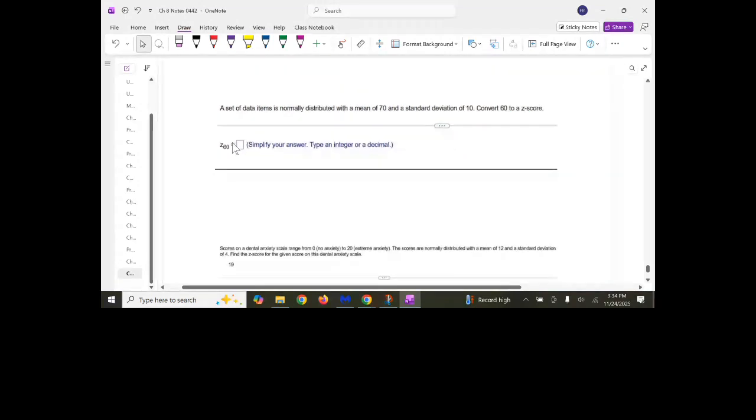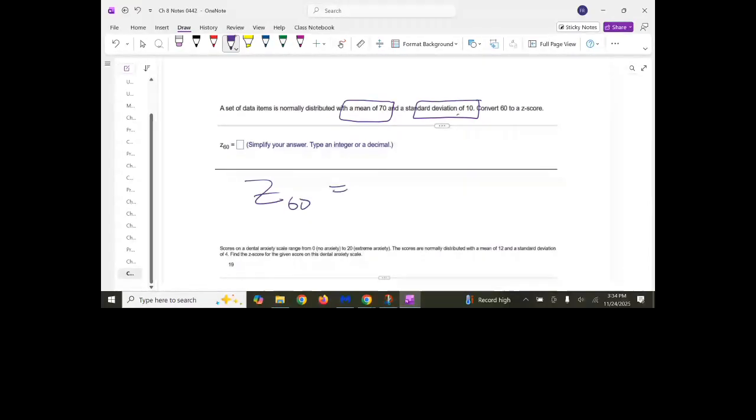All right. A set of data items is normally distributed with a mean of 70. Okay, so here's my average. Standard deviation, again, 10. Let's convert 60 to a z-score. All right, so z of 60 is going to say we're first going to take our number 60. We're then going to subtract our average, and we're going to divide it by 10.